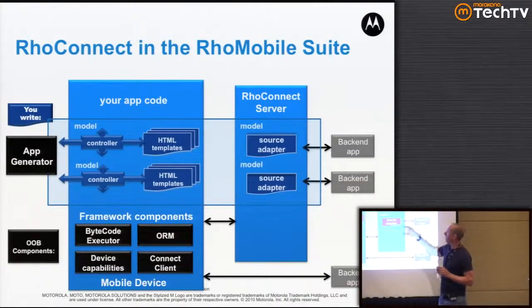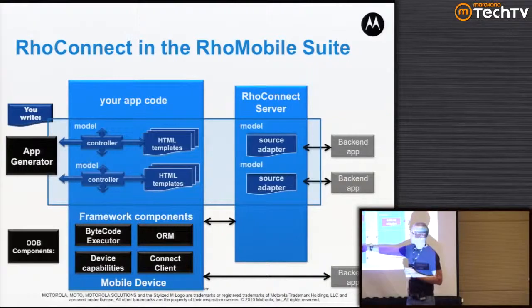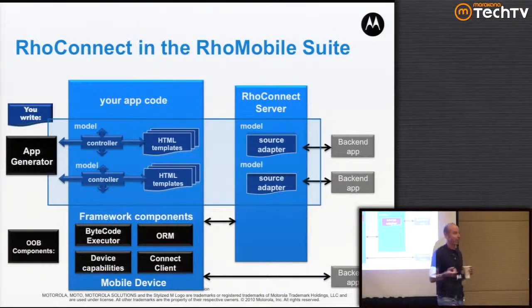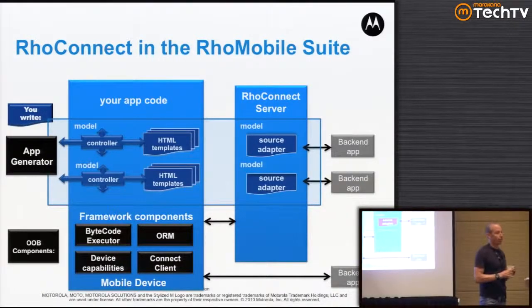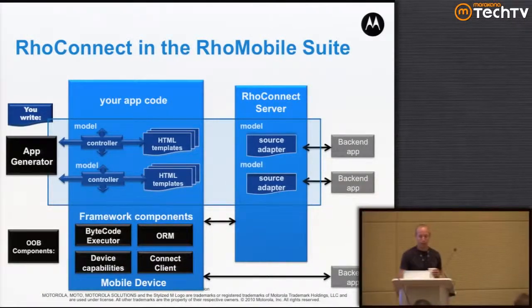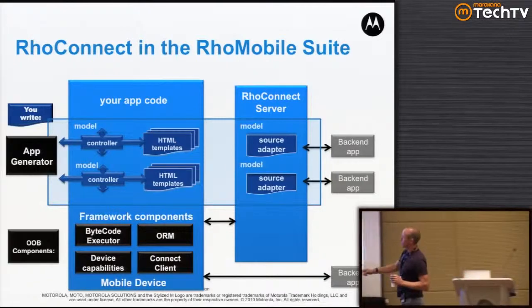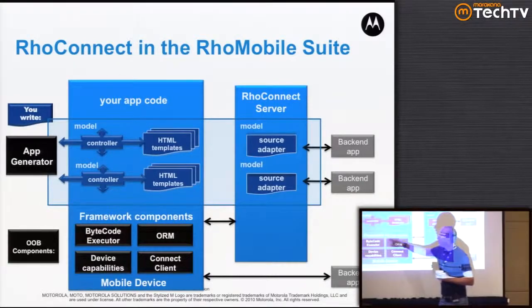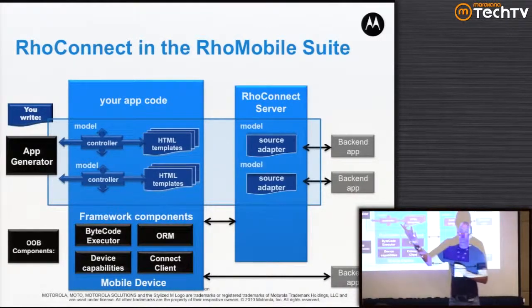But there's a different model where you say, RhoConnect, I'll let RhoConnect handle getting the data from the back-end app stored down to the device in this object relational manager. And then we've actually reduced our app code, because in your controller you're writing code that just retrieves from the ORM.